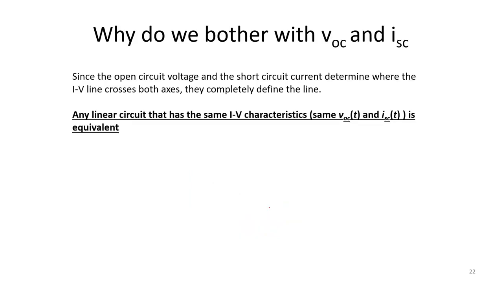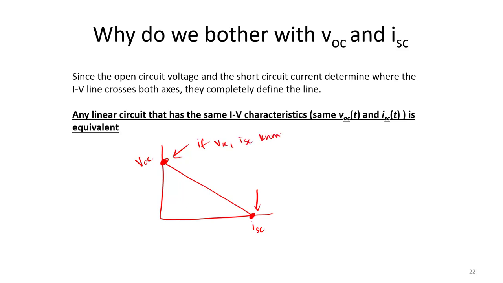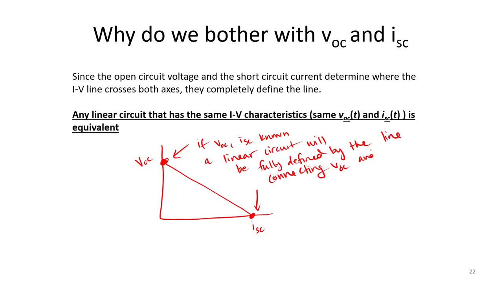So why do we bother with VOC and ISC? Well, we just saw that if we define these two points, if we know VOC and ISC, then a linear circuit will be fully defined by the line connecting VOC and ISC.